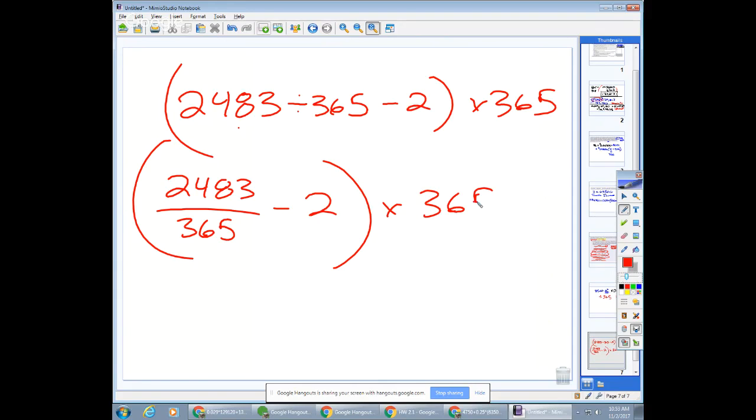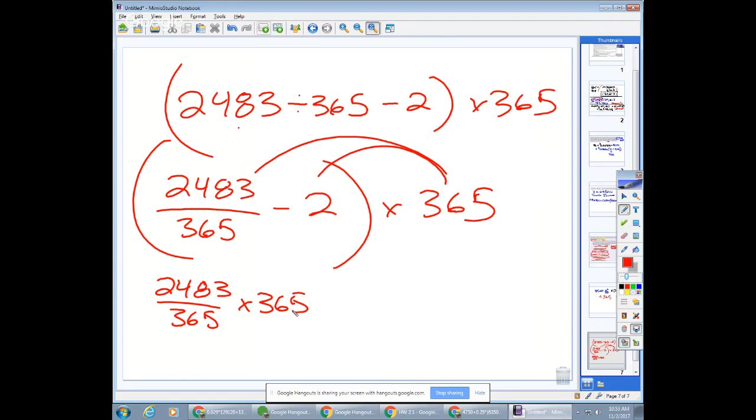So we're going to do a little algebra. I use the distributive property here and multiply that in. If I do that, I get the fraction 2483 over 365 times 365, minus 2 times 365.